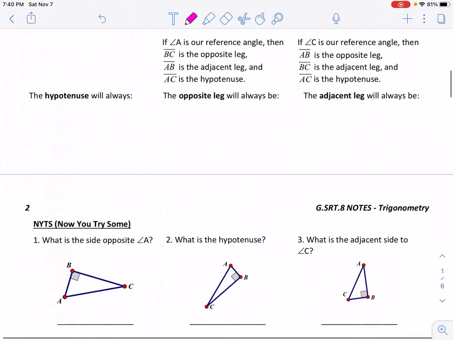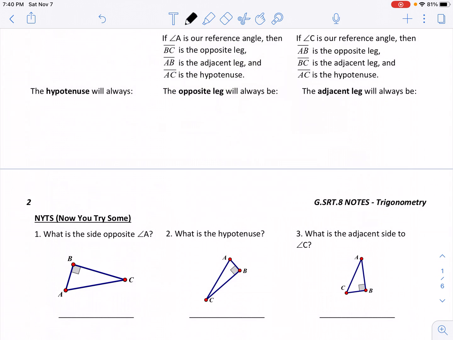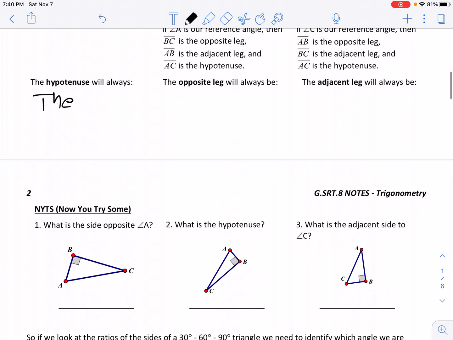So based off of that, we can write down what each one of these are. The hypotenuse is the longest, or the largest, side opposite the right angle.